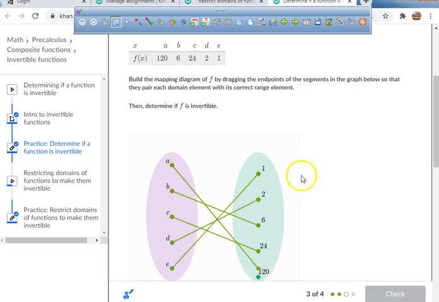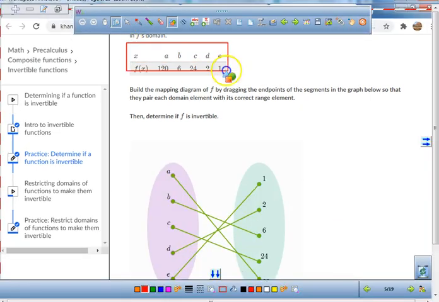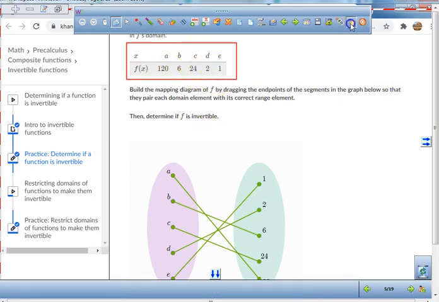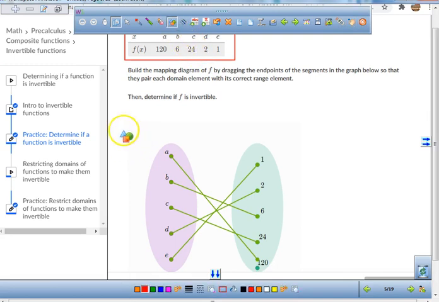Now, this is what's called a one-to-one function. This would be a good example for your journal of where each x value has one specific y value that goes with it. And this would be a map.